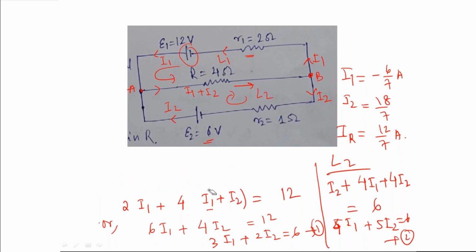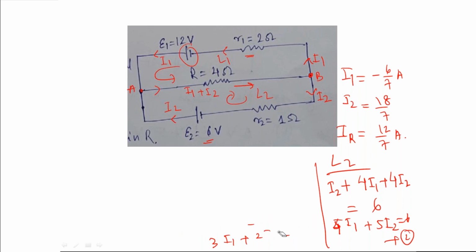Now look, if you have to find out the terminal potential, you have got the current through R. So what is the potential difference across each cell? That will be the terminal potential, that means the potential drop across capital R, or 4 ohm.